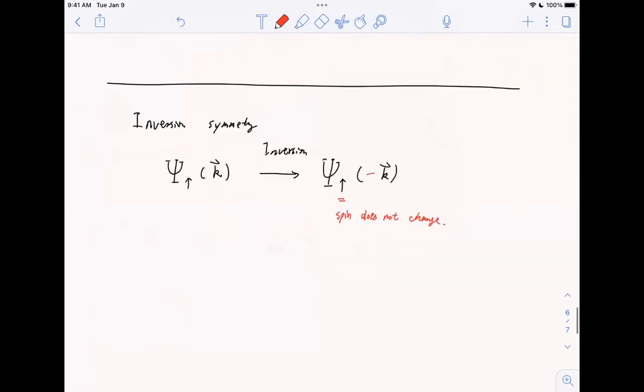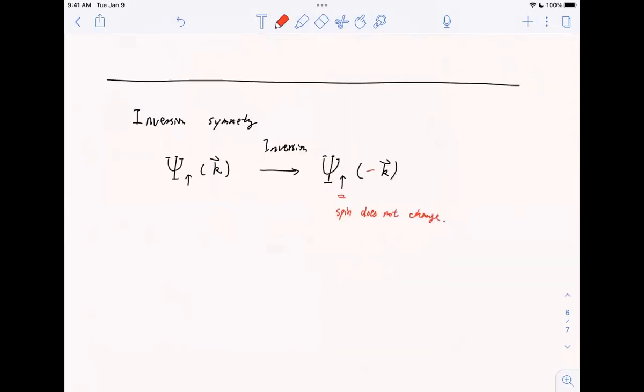Why does the spin not change? Can anyone tell me why the inversion does not change the spin? I mean, K is easy.